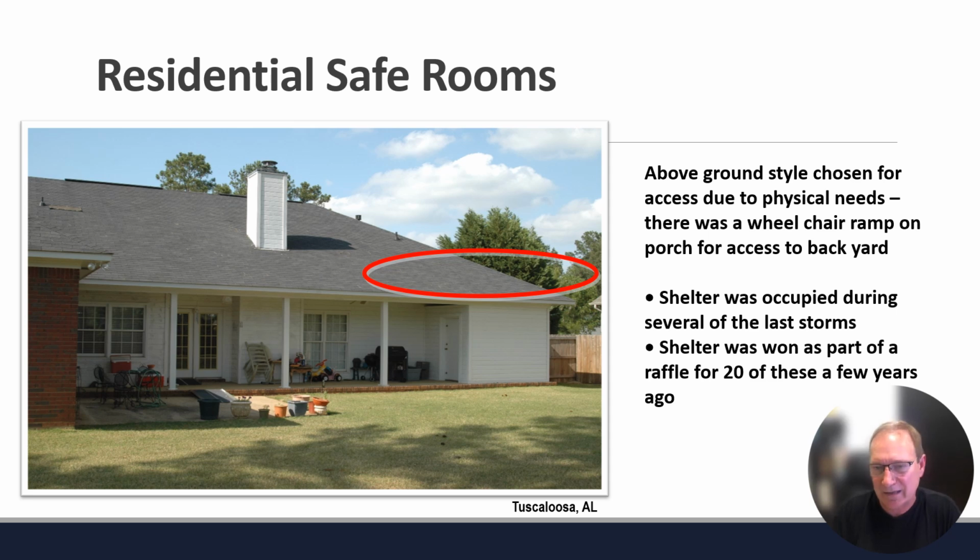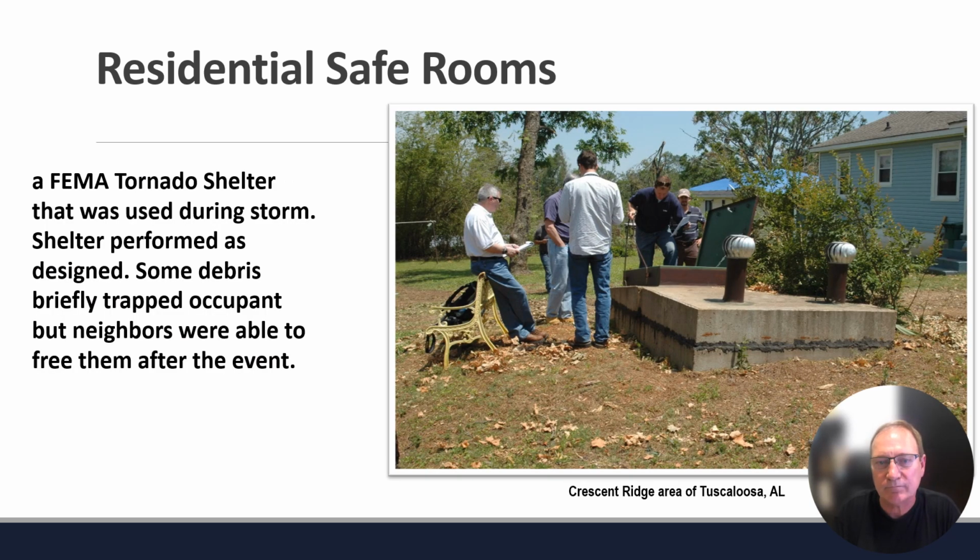This door is an in-swing, but you want to be sure that you can control the door, because that is the weakest point in terms of accessing. As long as the walls and the roof and the foundation are all tied together, and if it's built to code, it is tied together, then the weakest link becomes the door. That's the best way to secure the door. This is another tornado shelter, again, used during a storm.